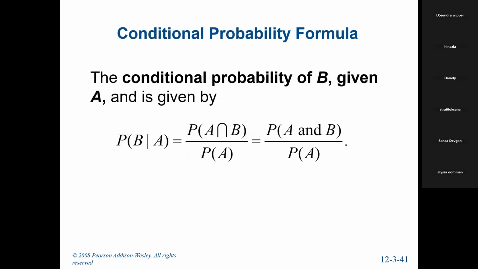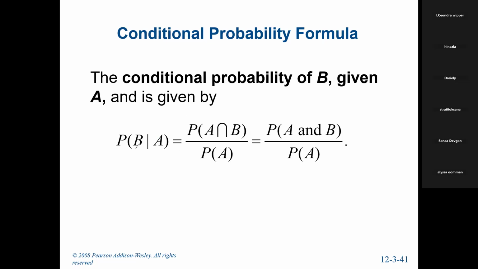Okay, this is the formula. Conditional probability formula. The conditional probability of B given A is given by probability of B given A. That's the way you're supposed to read this.